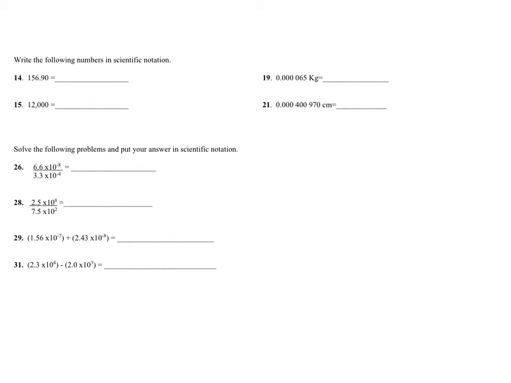So let's start with the very first one that we see here, putting numbers into scientific notation. And we're going to start with number 14, and that's 156.90. The first thing that you need to do is to move your decimal point, and you want it to be to where there's one non-zero digit, and then everything else is after the decimal point. So we're going to move our decimal 2 spaces.